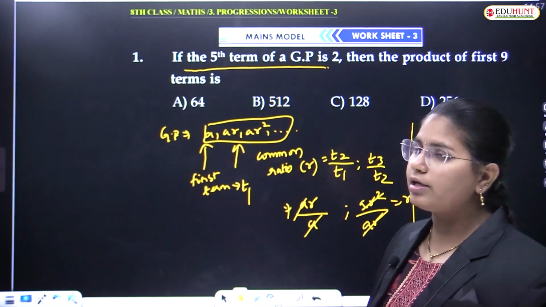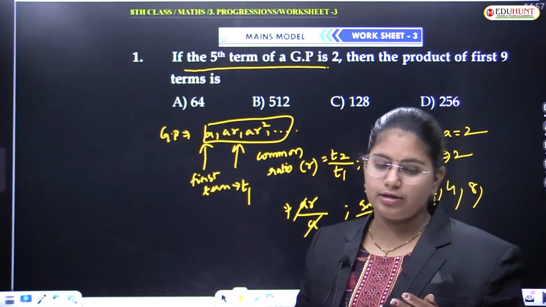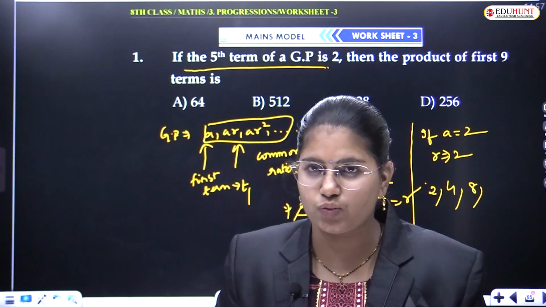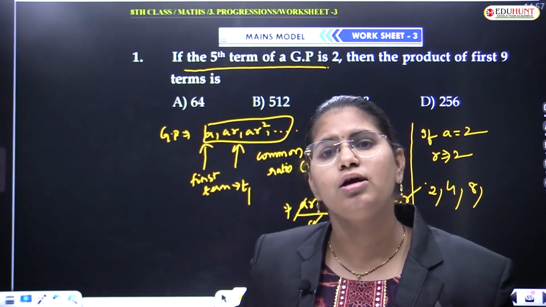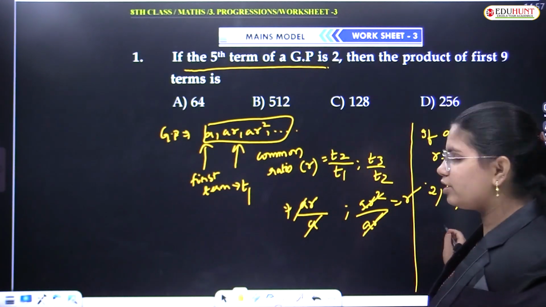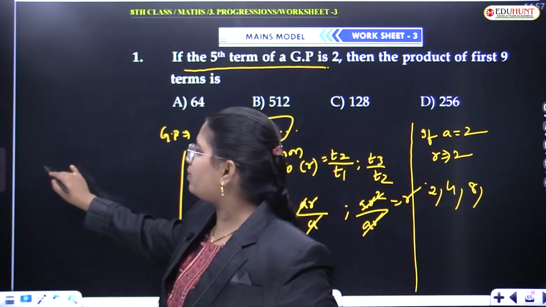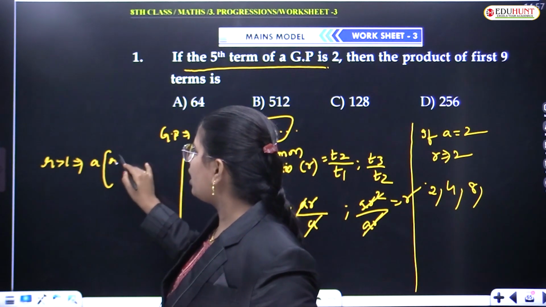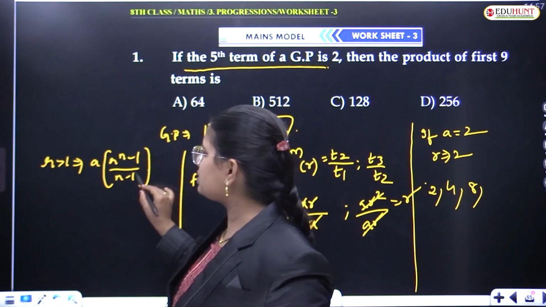I have also discussed some other points. Like how I learned the sum of n terms in AP, the formula is Sn equals n by 2 into 2a plus n minus 1 into d. Similarly, we will also have the sum of n terms in a geometric progression. If r is greater than 1, that is, my common ratio is greater than 1, then the formula is a into r power n minus 1 by r minus 1.